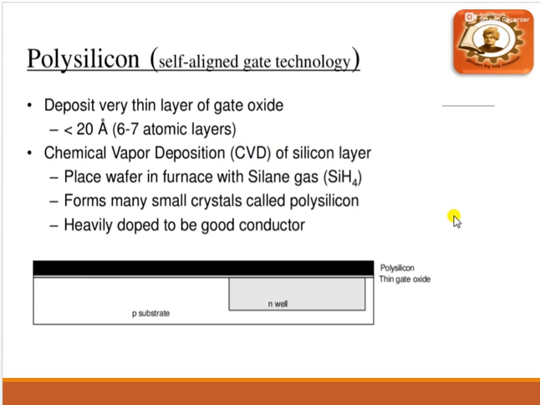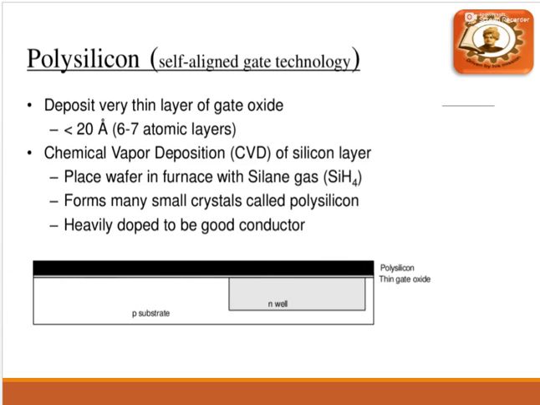First our wafer is placed in a furnace with silane gas, SiH4, and that basically forms small crystals called polysilicon, and heavily doped polysilicon is a good conductor. So polysilicon is used for our gate material. Over a thin oxide layer we have a polysilicon layer. This is shown in the figure.